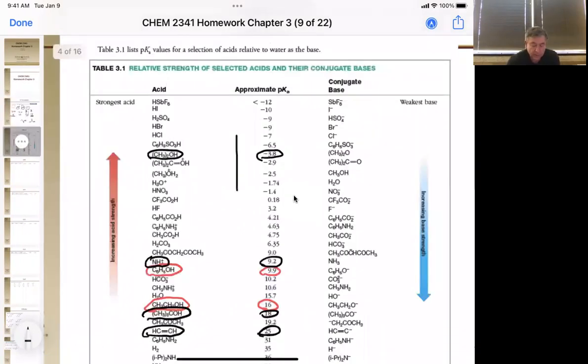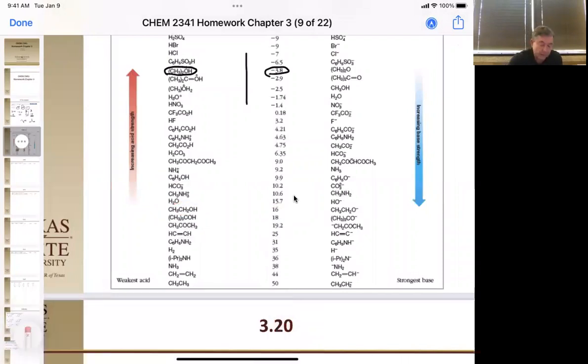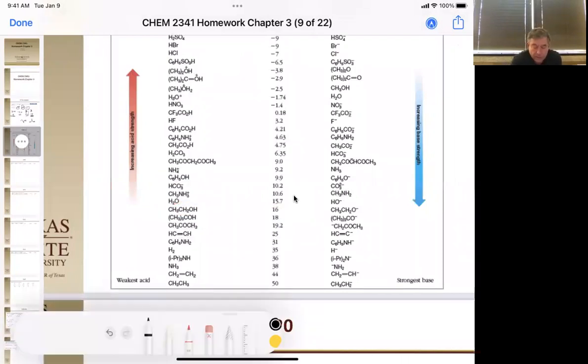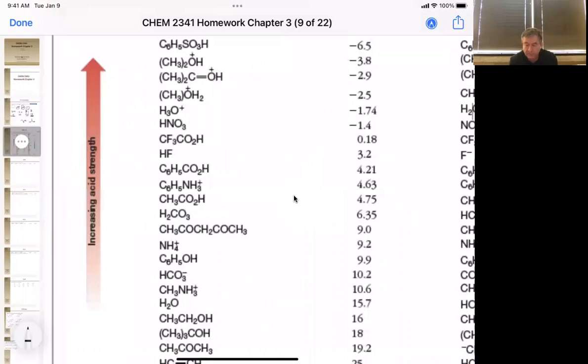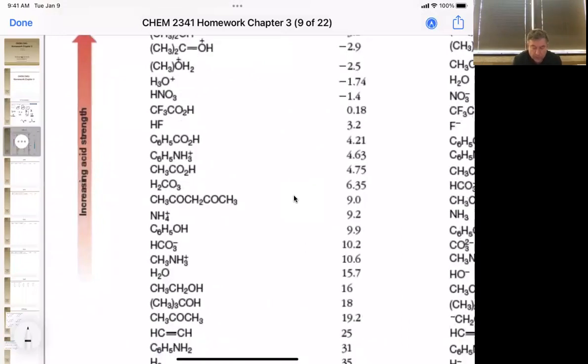If we look at this table, the carboxylic acid we know is going to be around 5 somewhere. So here's the carboxylic acid, and it's 4.75. And right below it is the carbonic acid, the other one, and that's 6.35.